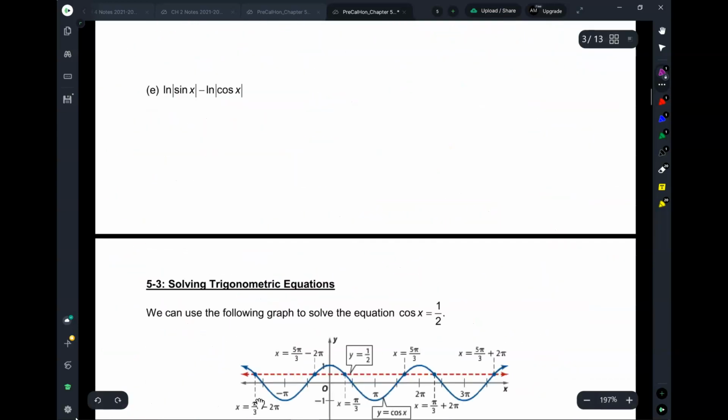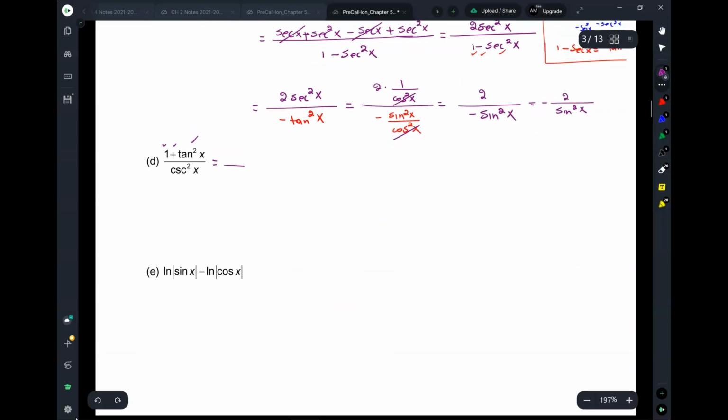It's just secant squared x over cosecant squared x. But look, secant is 1 over cosine. Cosecant is 1 over sine. Sadly, nothing cancels there.